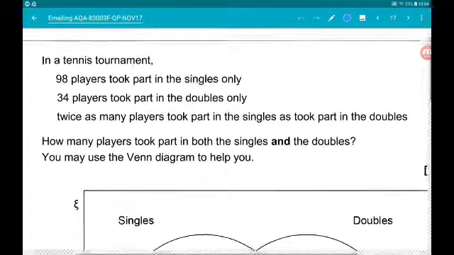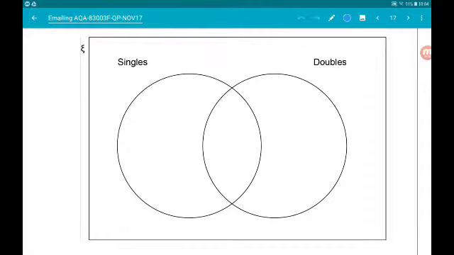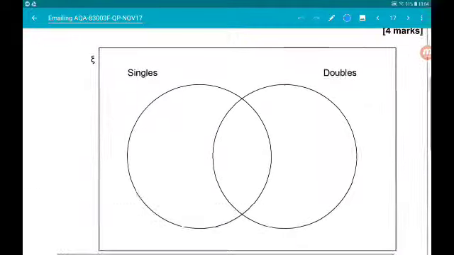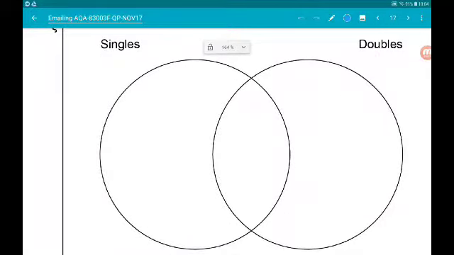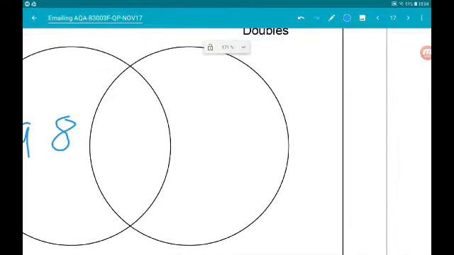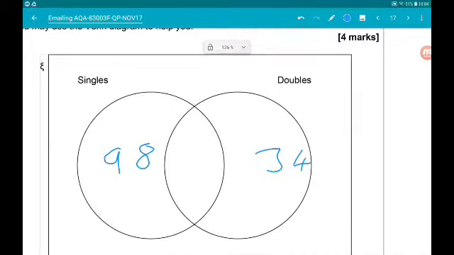Okay, so here's our Venn diagram. We got a circle of singles, a circle of doubles. So we know that 98 took part in the singles only. So that's 98 in there. Then we know that 34 took part in the doubles only.